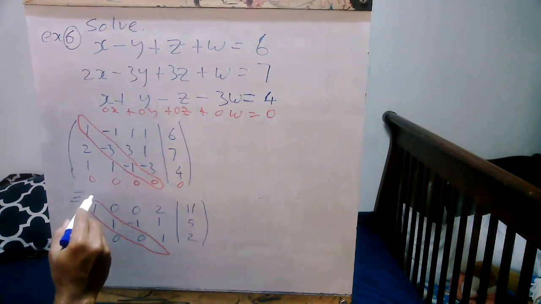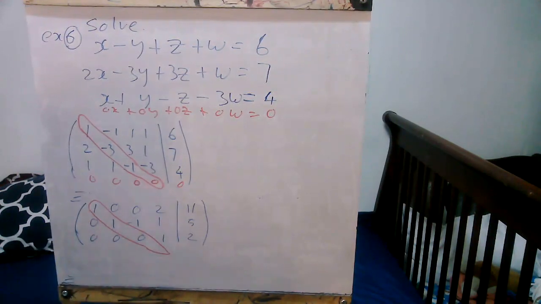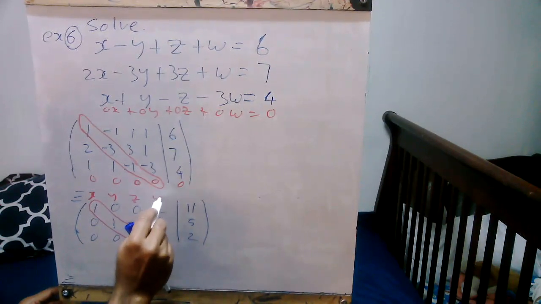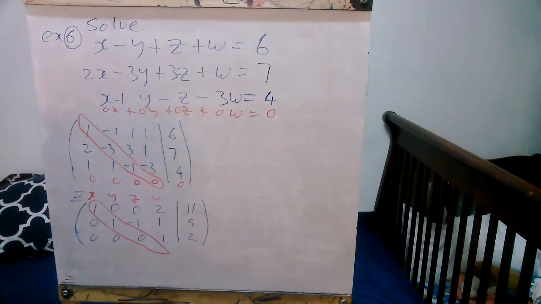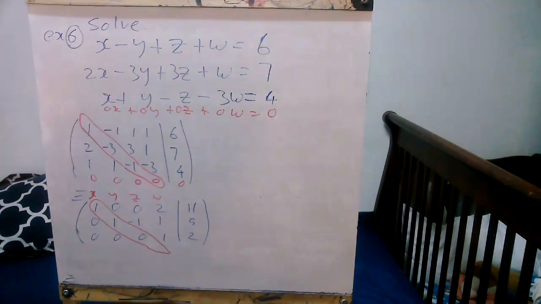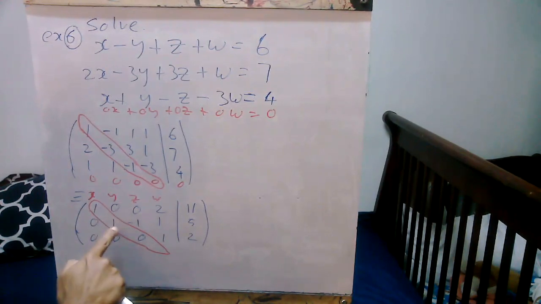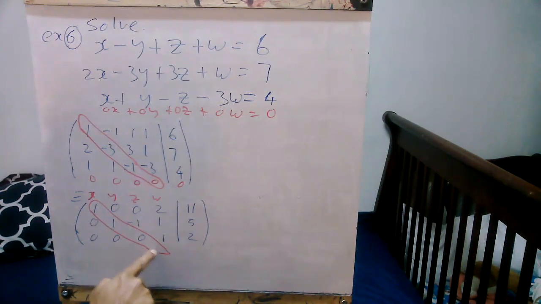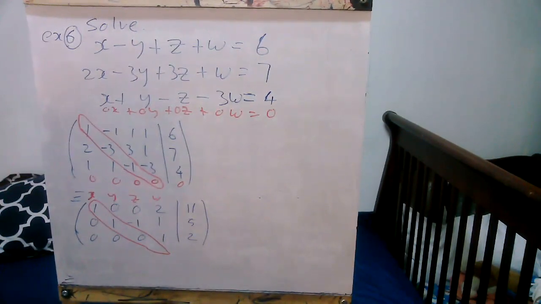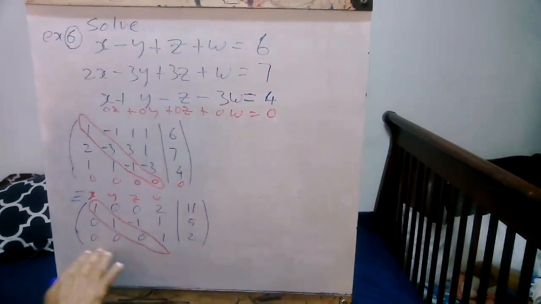Then think about those variables. This is x, I write it in a different color, x, y, z, w, right? Now what's missing? We have x, we have y, no z, no w, right? Therefore, we can either write zeros here.